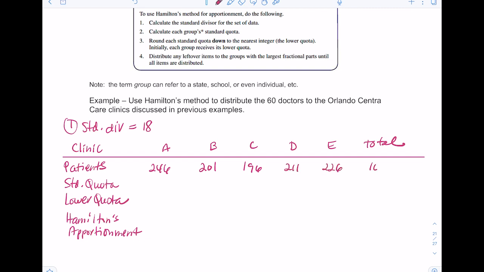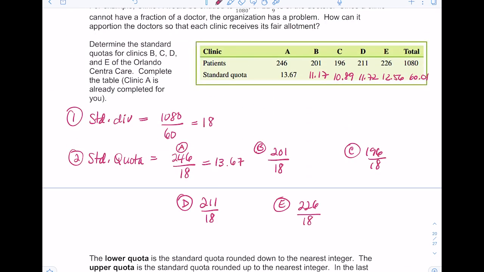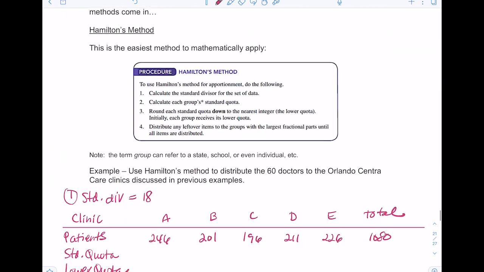And if you'll remember, we had 1,080 patients to serve. We also figured out the standard quota, so we're just going to copy that line over again.